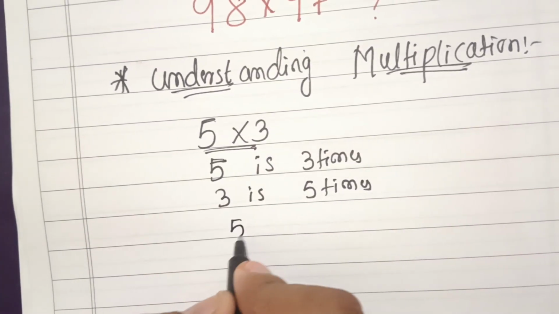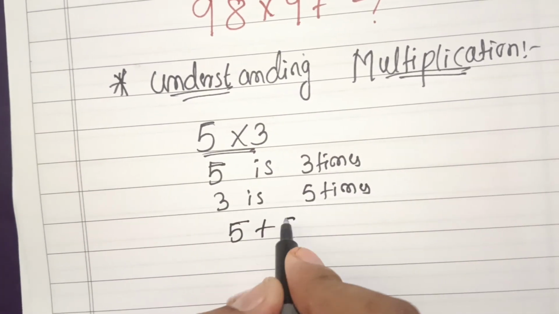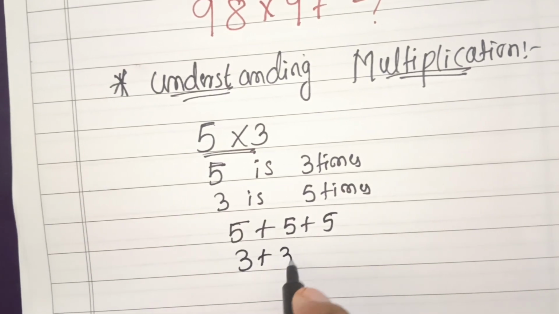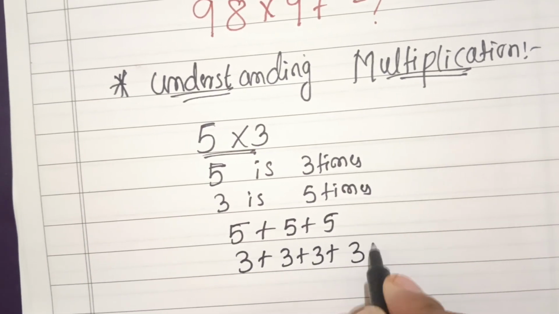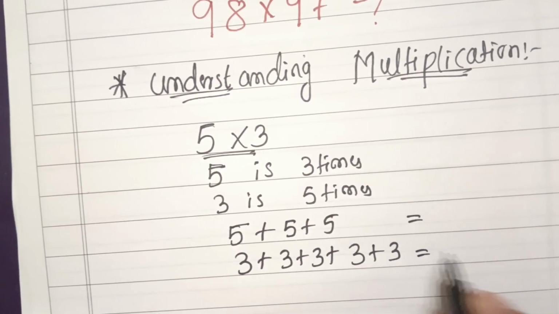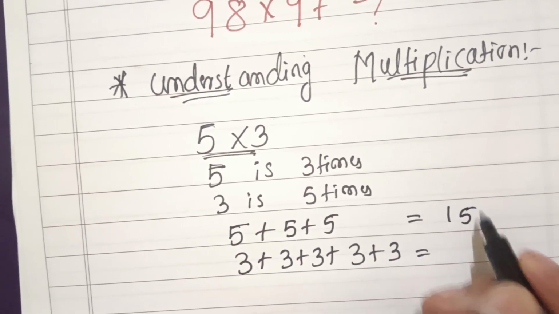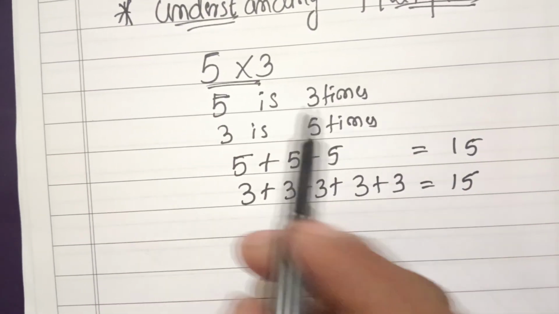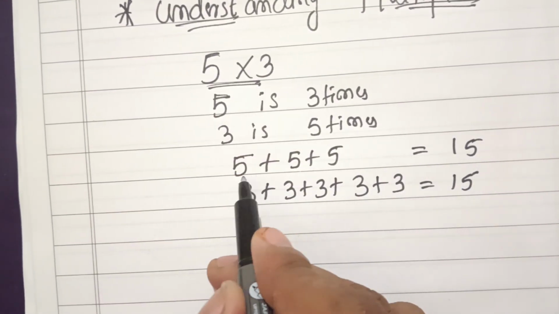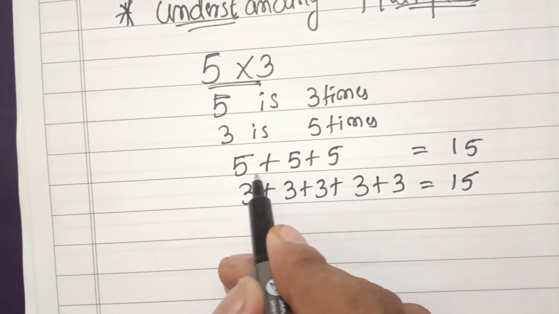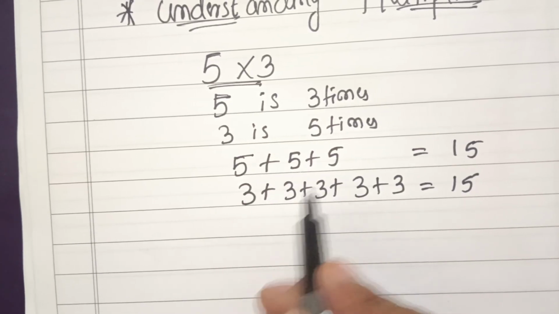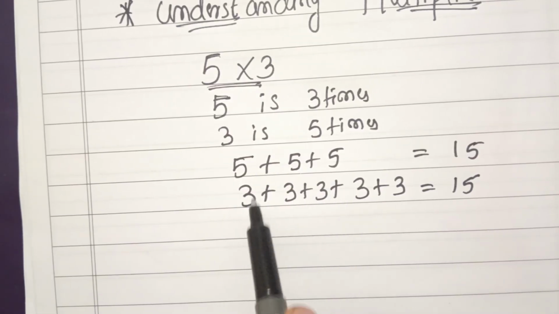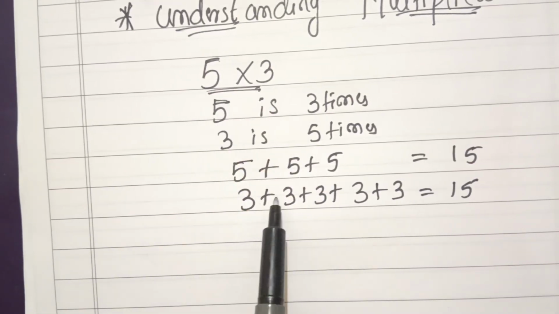So how can we write? We can write 5 three times, or else we can write 3 five times. In both ways, if we do addition, we will get 15. From this we can conclude that if you observe, we are adding the numbers repeatedly. 5 we are adding 3 times, or else 3 we are adding 5 times, right?